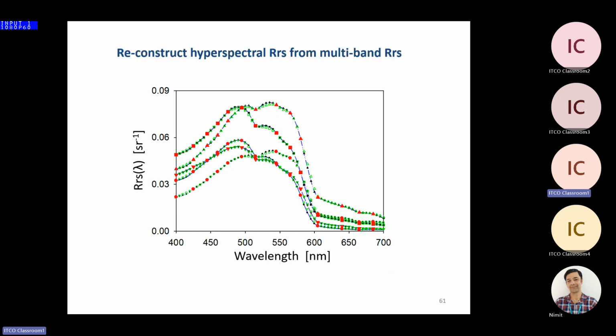So then if we pick 15 bands from 400 to 700, these are the red. We use this red Rrs to construct a hyperspectral Rrs at every 5 nanometer. As you can visually see, this reconstructed Rrs almost exactly matches the black. You can also see the tiny difference.